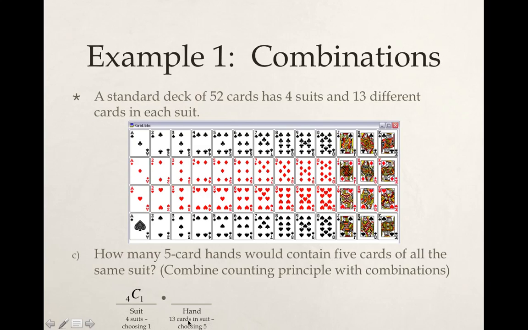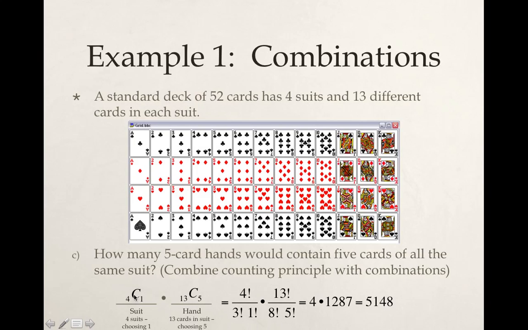Does it matter what order we get the 5 cards in? No. So we're again going to use combinations, but this time we're choosing only from the 13, not from the whole 52. We're choosing from 13 cards that all have the same suit, and we want to choose 5 of them. And so that's what we're going to work out.